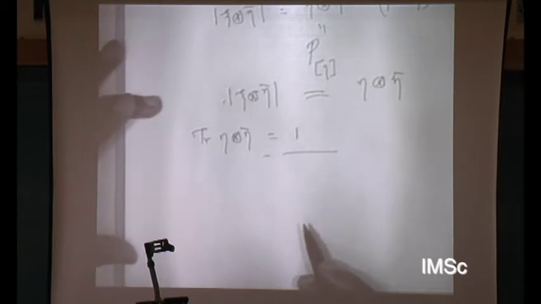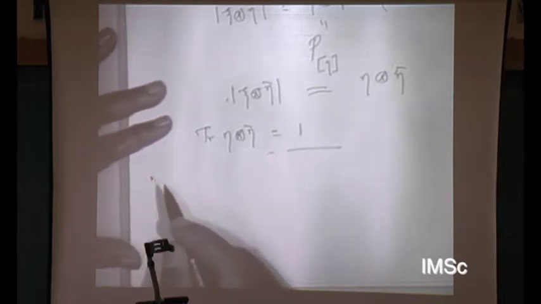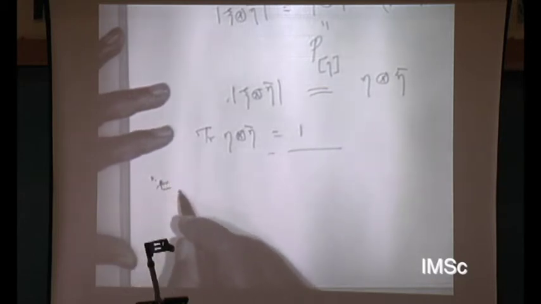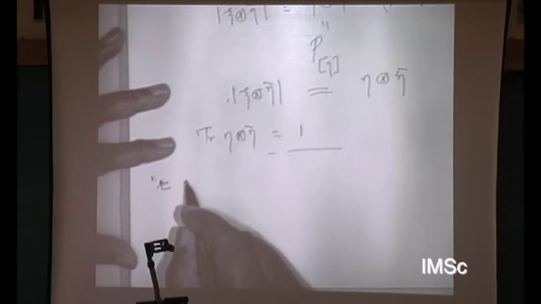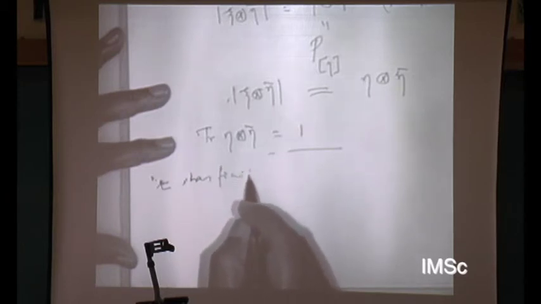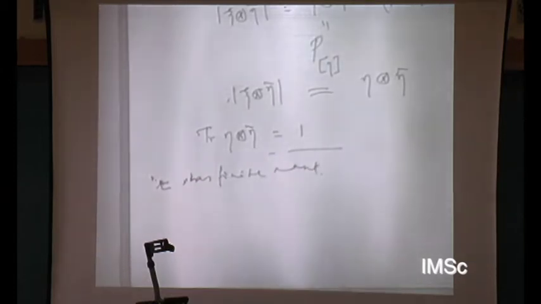More generally, suppose Z has finite rank. That means finite dimensional range.